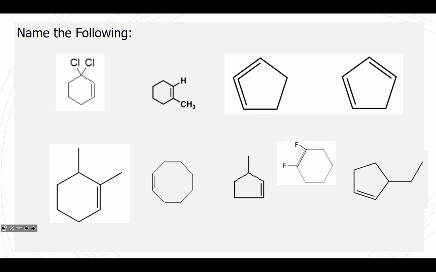Okay, we're going to name the following. Here we go. 1, 2, 3, 4, 5, 6, 7, 8, 9. So, going forward, Luke 1, Noah 2, Joshua 3, Andre 4, Calvin 5, Ben 6, Kyle 7, Catherine 8, and Cambry 9.